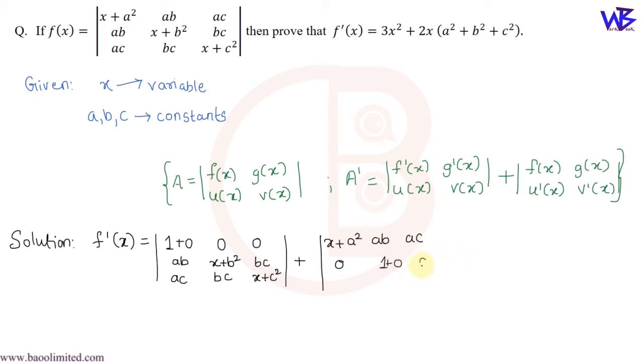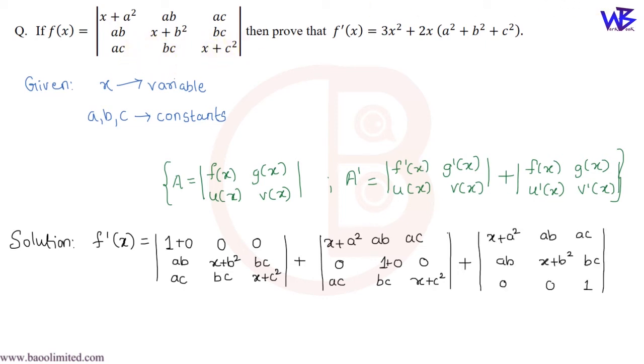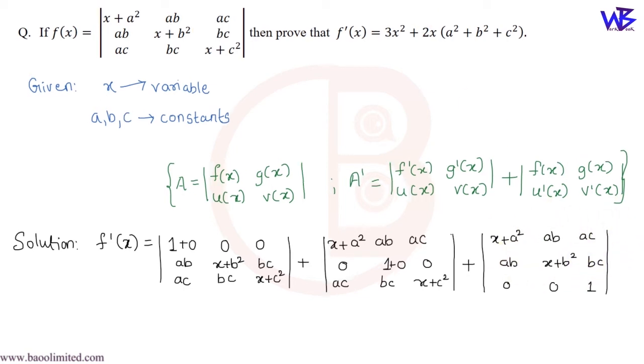B into c, the derivative is again 0. Third row as it is, a into c, b into c and x plus c square. Plus, in the third term also, the same thing will happen. First and second row will be as it is and we have to write the derivative of the third row. This is how the last term turns out to be.